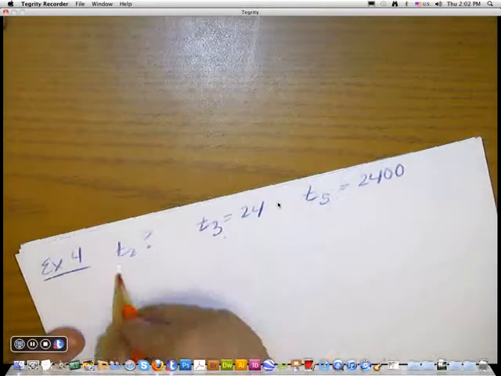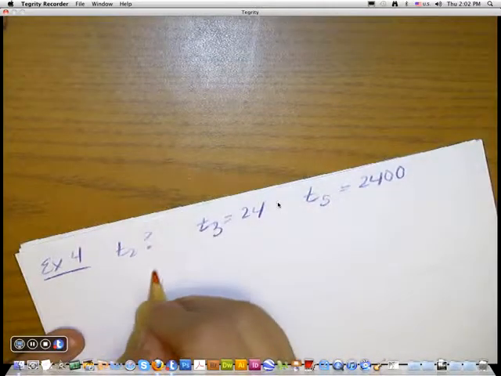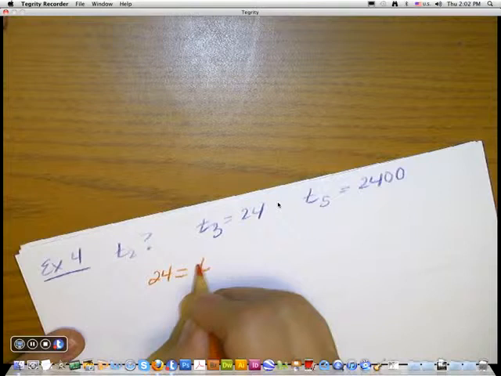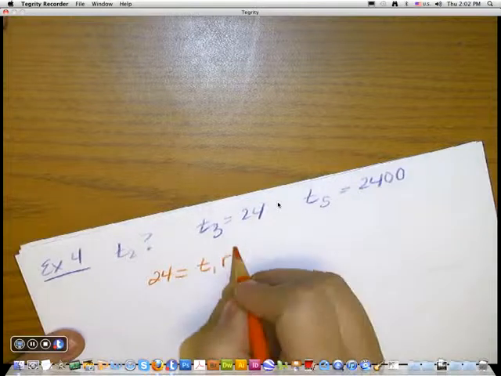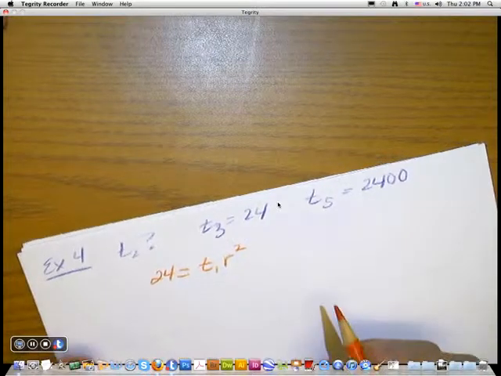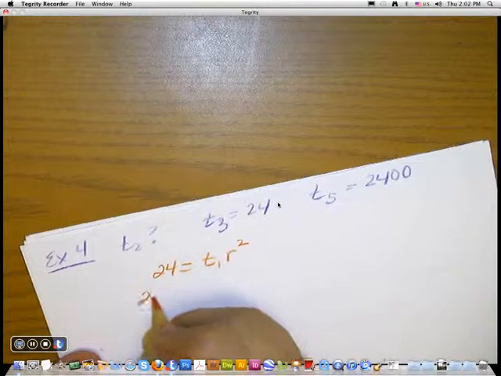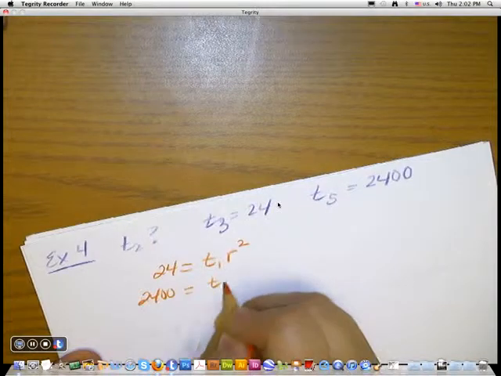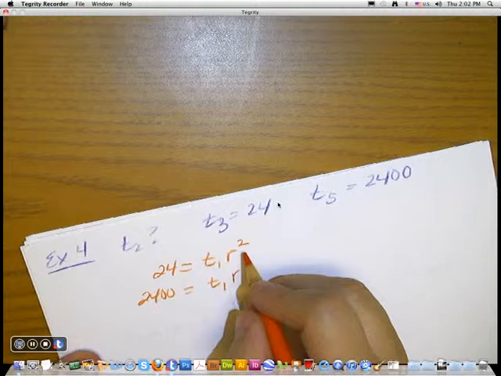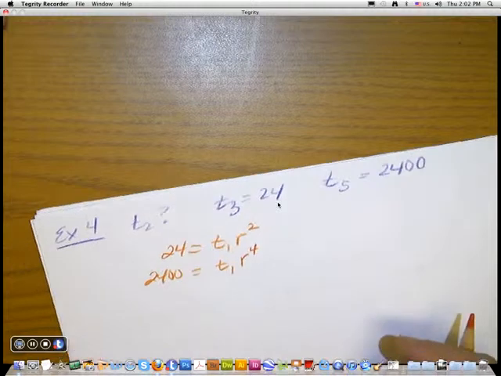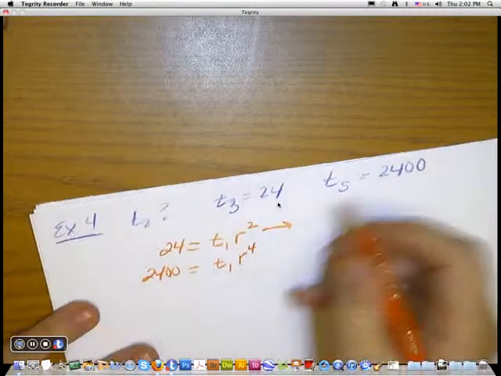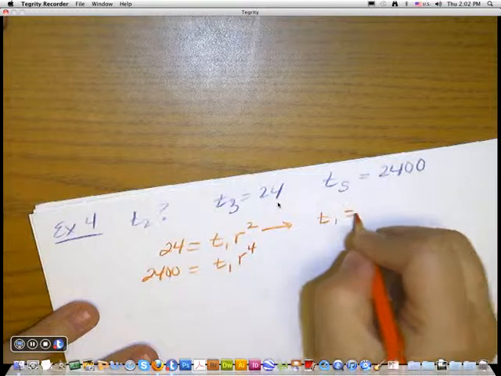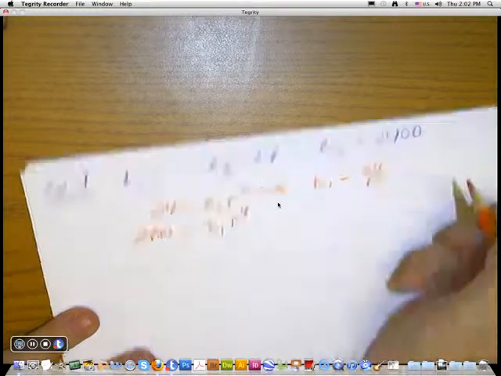All right, you should have set up the two equations so that T3 is 24, T1R to the 3 minus 1, squared. And 2400 is T1 R to the 5 minus 1, to the 4th power. We're going to solve for T1, so T1 is 24 over R squared.